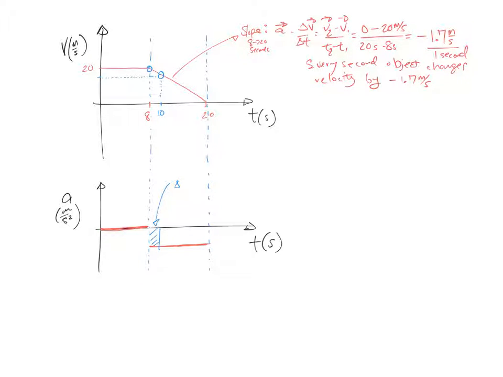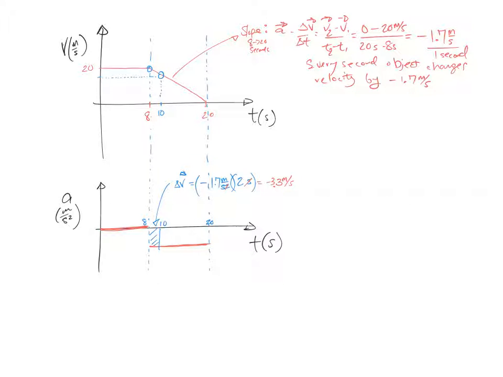My change in velocity is going to be my acceleration times my time. Again, this is 10 seconds, this is 8 seconds, and this is 20 seconds. So my change in velocity is acceleration, which I just found is negative 1.7 meters per second squared, times 2 seconds. This seconds cancels with one of those, so I'm left with, what's 1.7 times 2? Would that be negative 3.3 here?